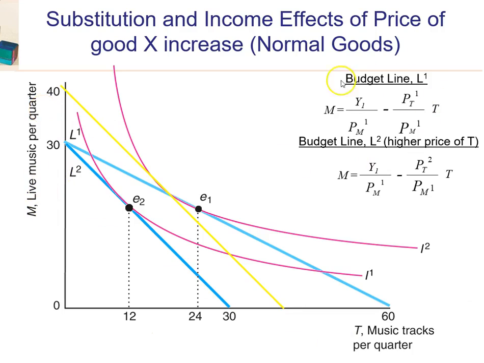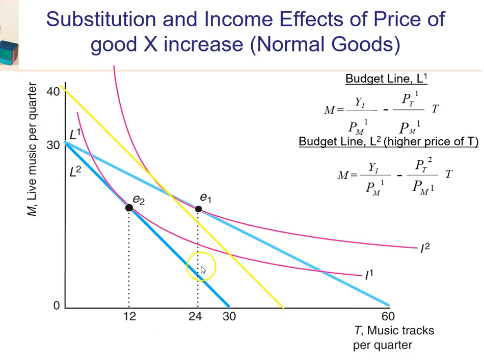And so here's the budget line, the light blue slope that's relatively flat. The optimal bundle is E1 because that's the tangency of our indifference curve, I2, with the blue initial budget constraint, L1. So there's our best bundle, which involves 24 music tracks, T.